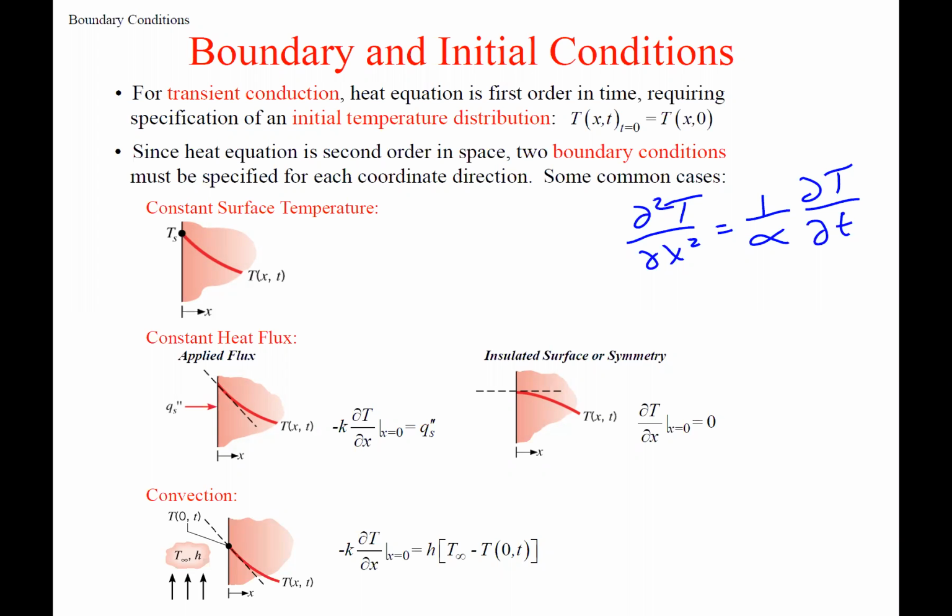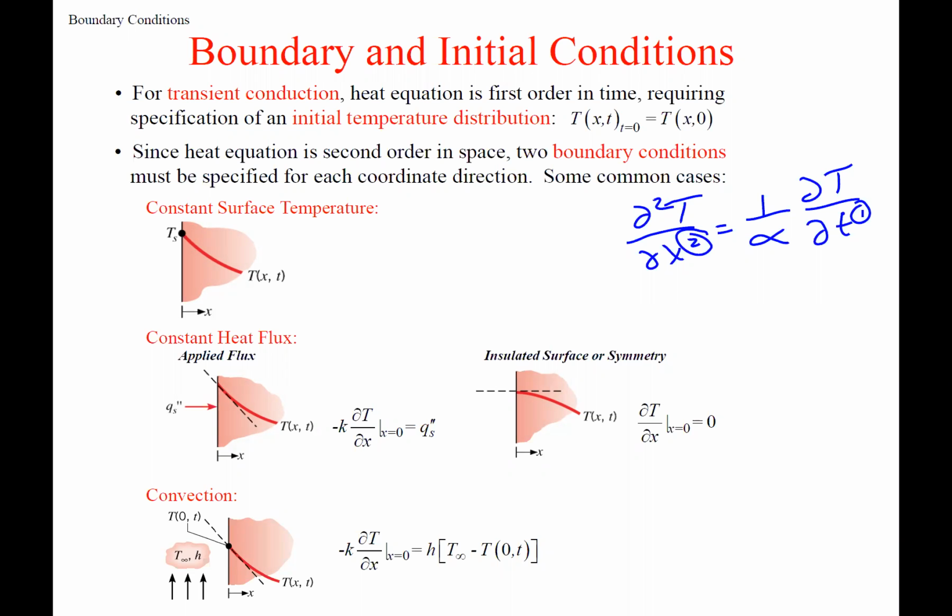To solve it, we need boundary conditions. We have an X direction, and it's second order. And then we have time, which is first order. So with it being transient, we still have time there, and with X, we have second order.